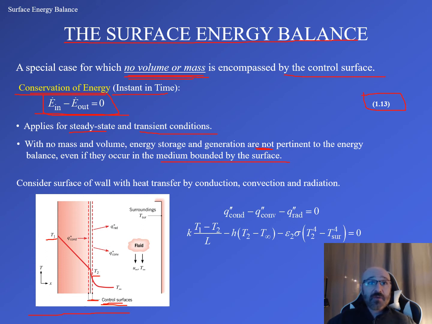And on the outside over here, we have our fluid, which has its associated properties. And we have our surroundings, our temperature of the surroundings right here, with this wall some distance away. We can see we have our heat flux from radiation, our heat flux from convection right there, and our heat flux from conduction right here, all going through that control surface.